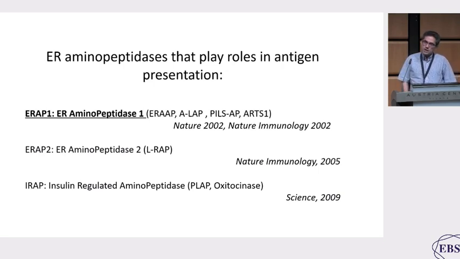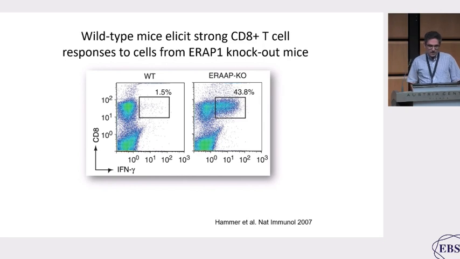They're called ERAP1, from ER aminopeptidase 1, ERAP2, and IRAP, from insulin-regulated aminopeptidase. They were all discovered to play important roles in the immune response in the decade between 2000 and 2010. So I'm going to focus on the first one, ERAP1.